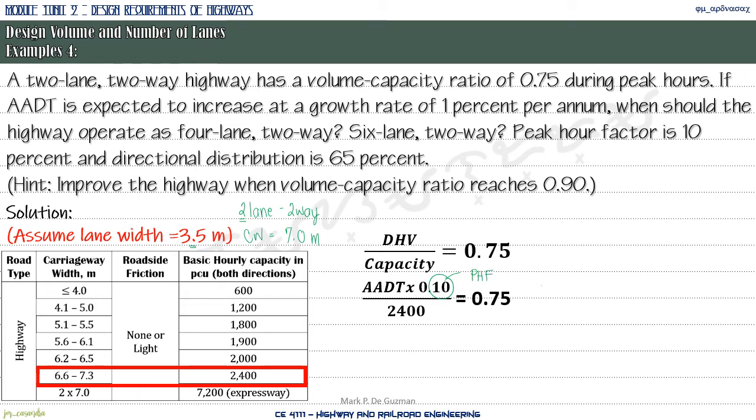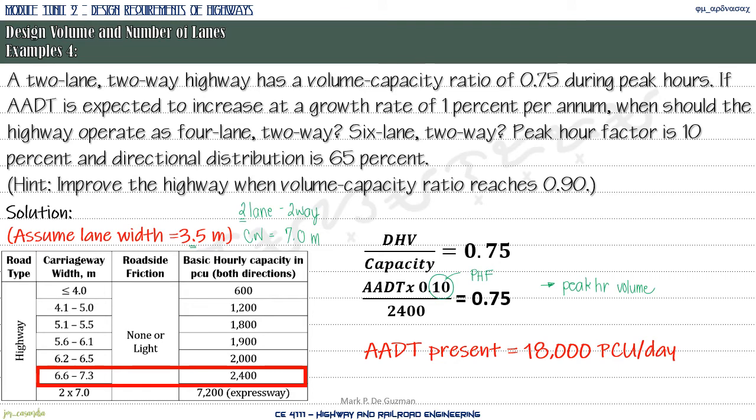So in here, we're only assuming first our peak hour volume. So for our peak hour volume for the AADT, that is now equal to 18,000 PCU per day. Okay, so that's for our AADT.